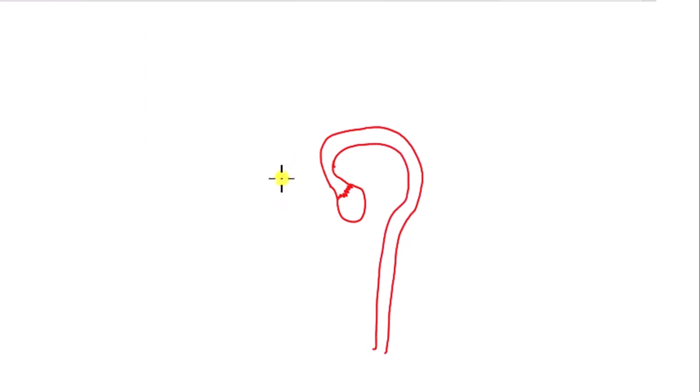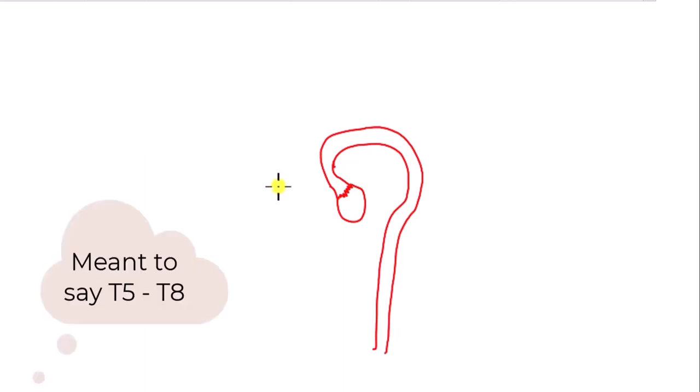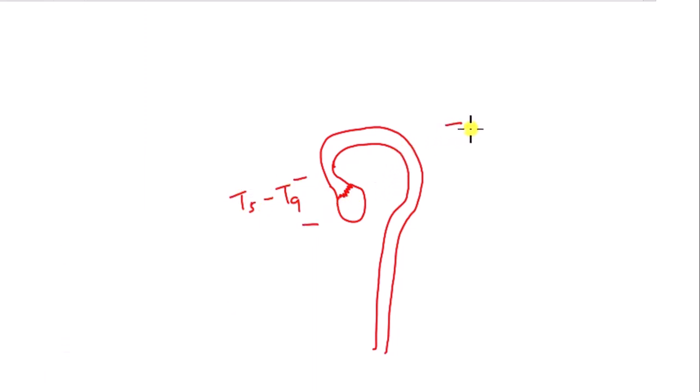The heart sits at the level of T5 to T9, and the top of the aorta, the aortic arch, sits at around the T4 level.